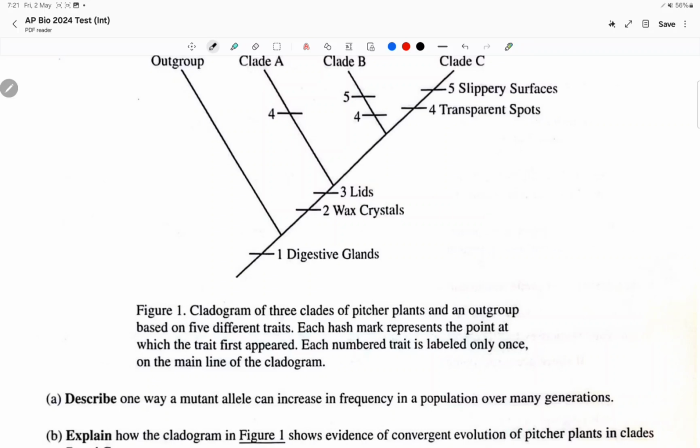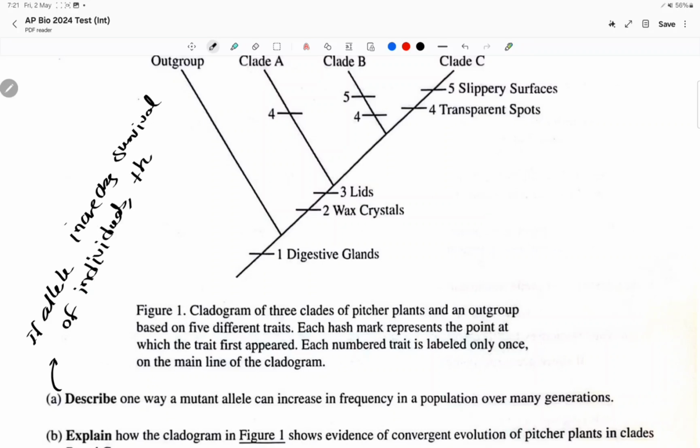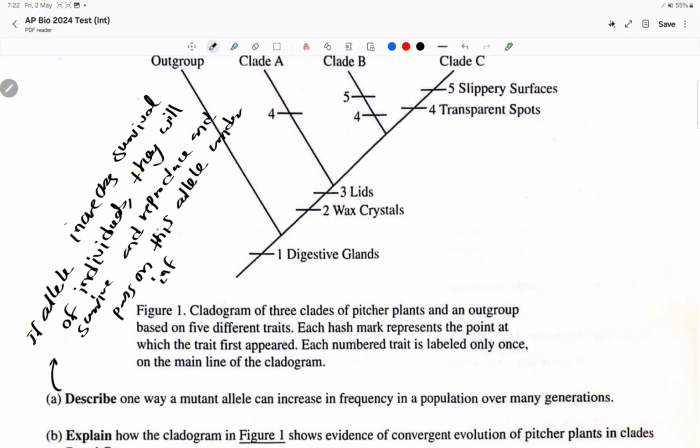A, describe one way a mutant allele can increase in the frequency in a population over generations. Any input? If the allele increases the survival of individuals, they will survive and reproduce and pass on this allele under the influence of positive natural selection.